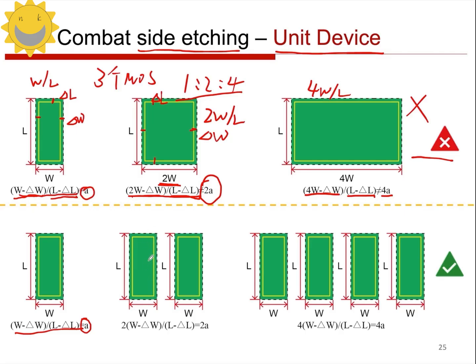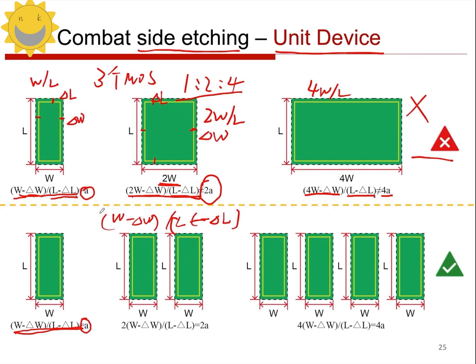Let's take a look at how this is specifically implemented. The width to length ratio of the first transistor is actually like this, right? Then, for the second transistor, we make 2 copies of the first one. So for each copy, its width is W minus delta W, and its length is L minus delta L. Each part is like this, and then we connect the 2 in parallel.